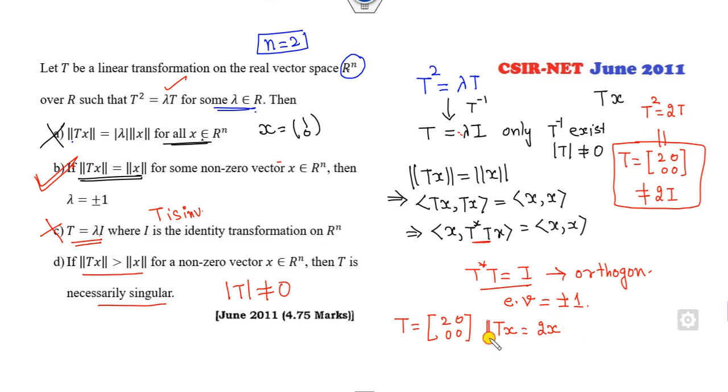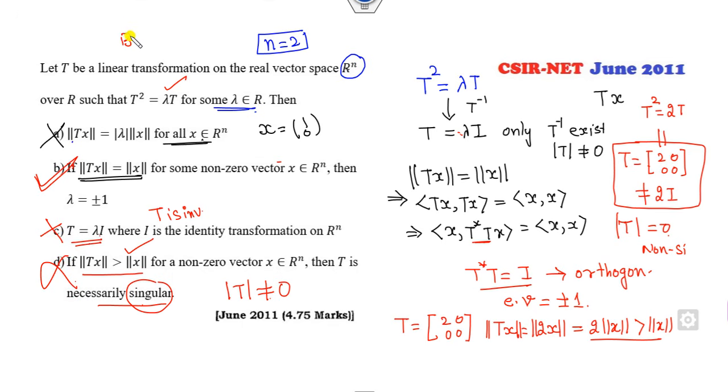So if I take the norm on both sides, it will be 2 times the norm of x. Is it greater than this? Yes, it satisfies this condition, but clearly determinant of T is 0. So that means it is singular, but the given set is non-singular. So this option is also cancelled. Right option is only B, the correct answer.